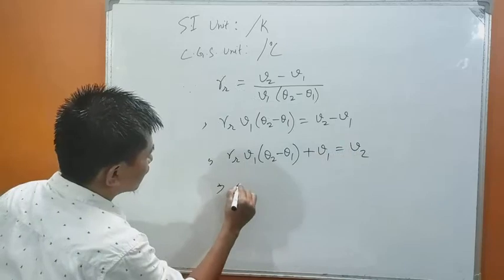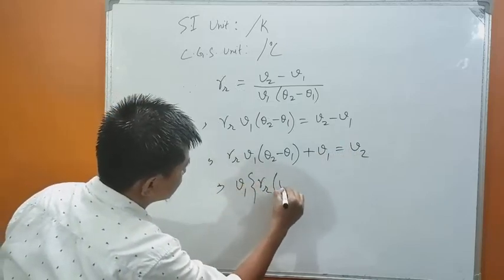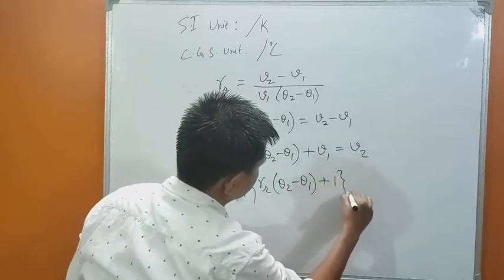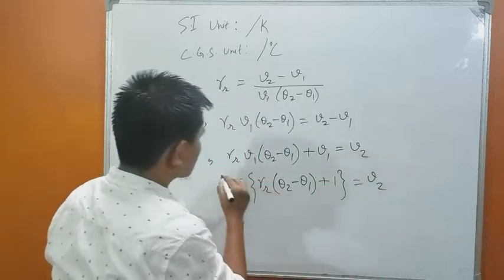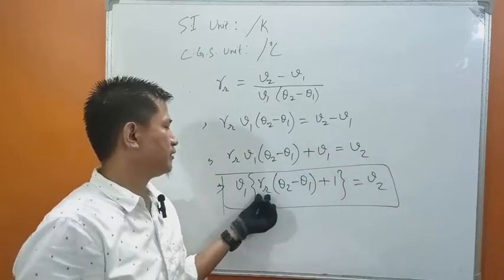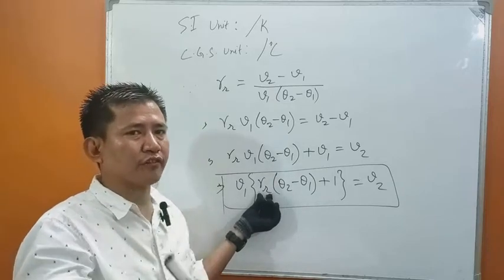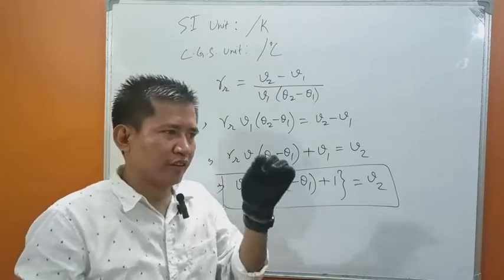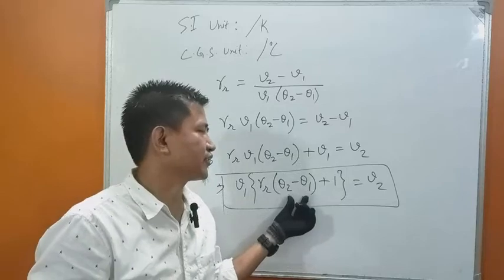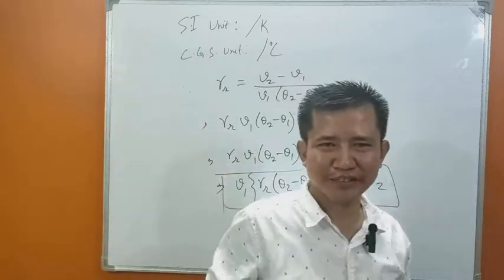Now let us take V1 common. So V1 into gamma R into θ2 minus θ1 plus 1 equals V2. So new volume of the liquid will be this. Gamma R depends upon the nature of the liquid and the nature of the vessel in which the liquid is contained. Okay, and this is the rise of temperature. Now I hope you got this. Please take the screenshot.